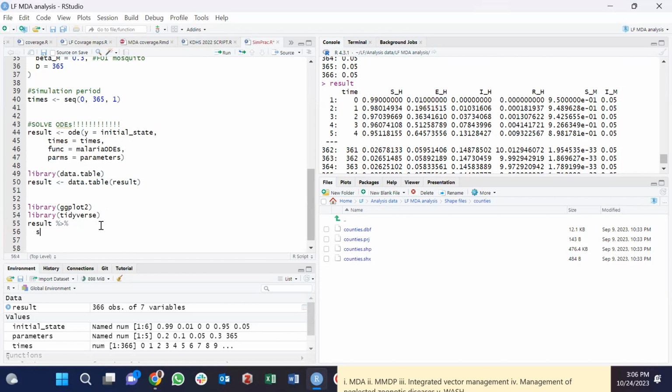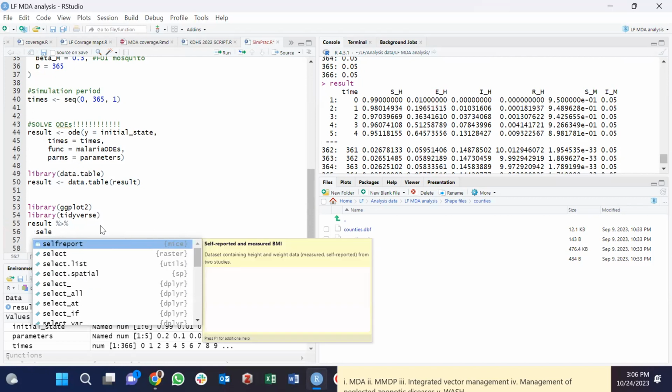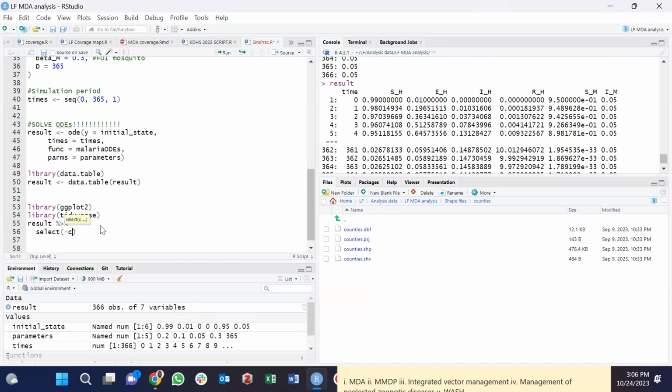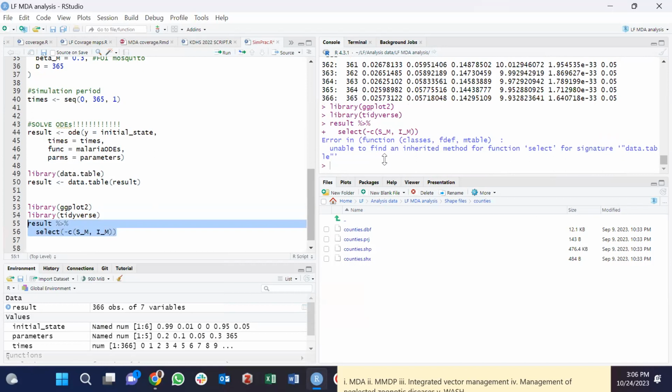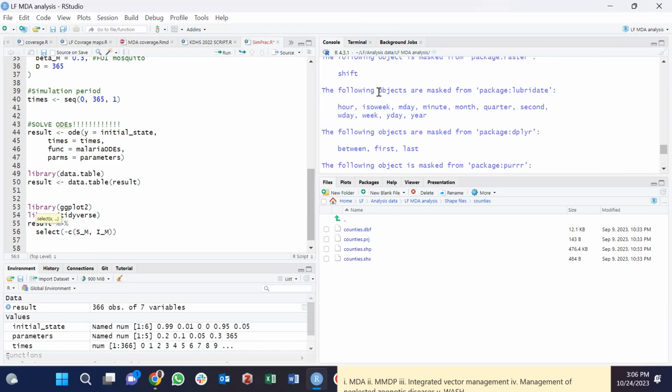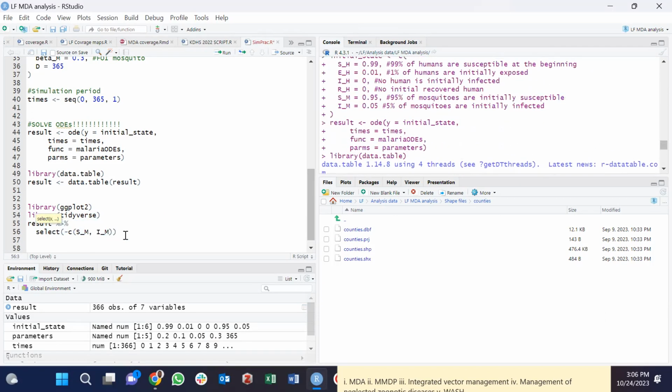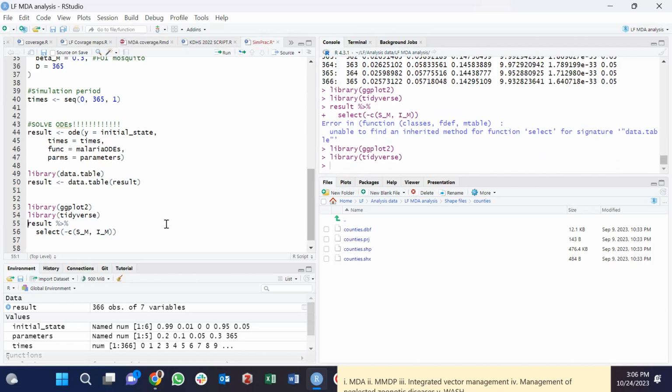So we'll say select, minus S of M and I of M. See if that has worked. Okay. Did I load the tidyverse? Yeah, you loaded it. Let me just repeat. Let's specify and see.